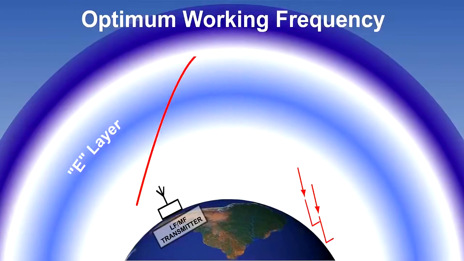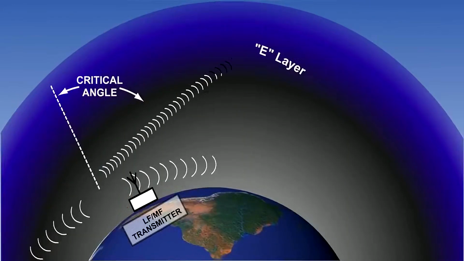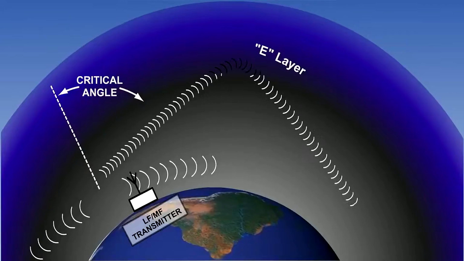This optimum working frequency is 0.85 times the MUF. Ionization levels are lower at night, and generally the frequency used is half that used during the day. Otherwise, the radio wave would have too much energy and would travel straight through the ionosphere.